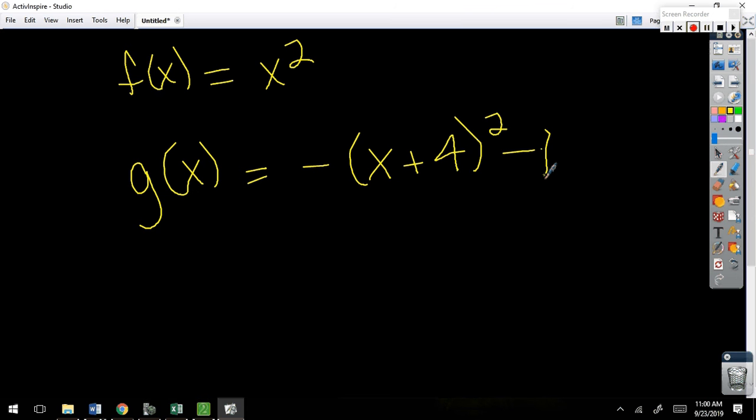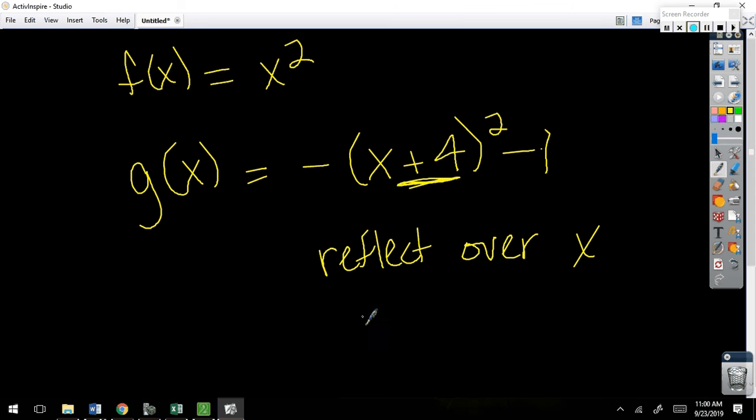It's a reflection over which one? x-axis. Which means my parabola is not going up anymore. It's going down, right? Reflection over the x, and it's moving left. Side to side. To x is horizontal, so which way is it moving? Left. Left 4.